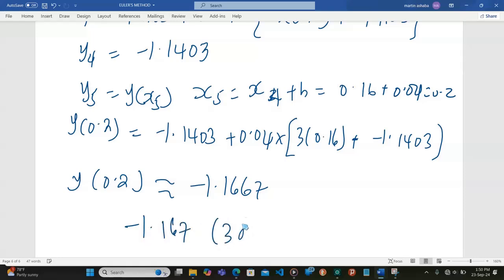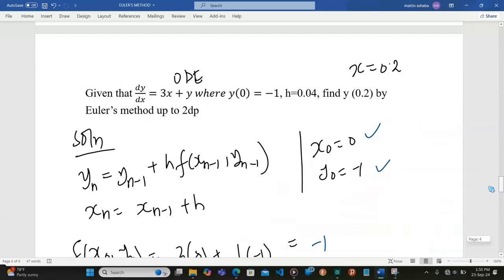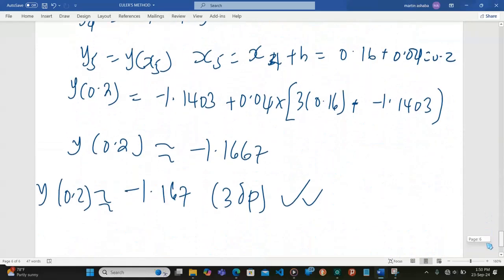That is y of 0.2, approximately, because that is what we were asked to calculate. When you look at it, x is 0.2, so that means we have carried out about 5 iterations.